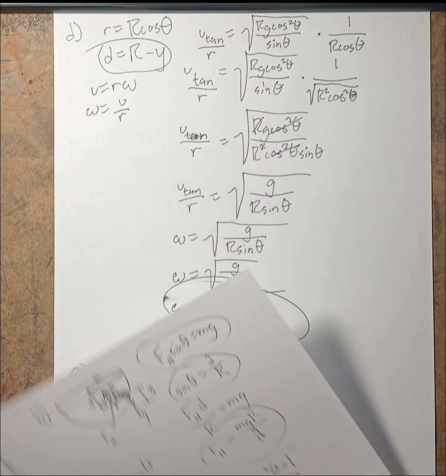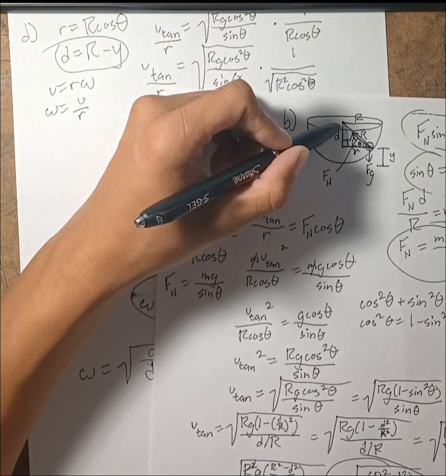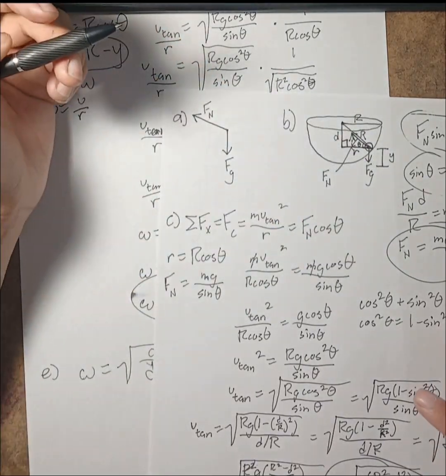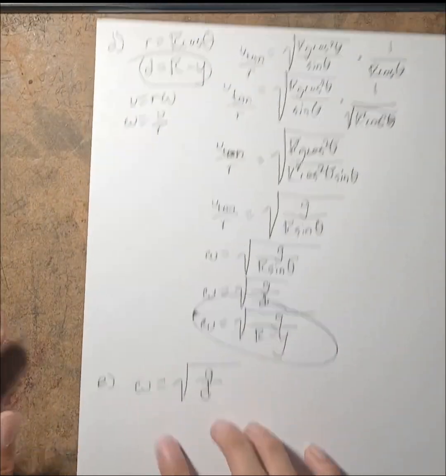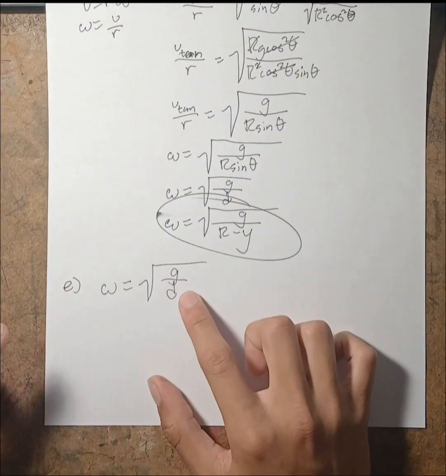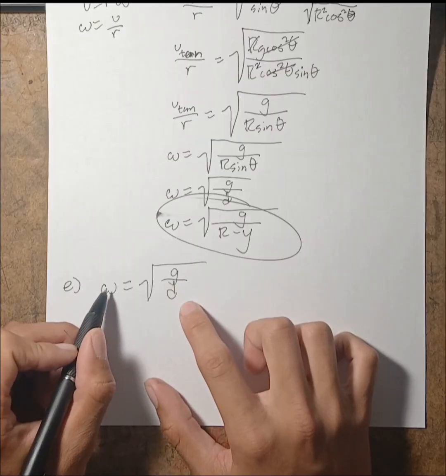D is defined as the distance from the center of this sphere, or hemisphere, to the ball, right? And so, if we want to minimize the angular velocity, if we want to minimize omega here, because d is on the bottom of this fraction, we want to maximize d in order to minimize omega.